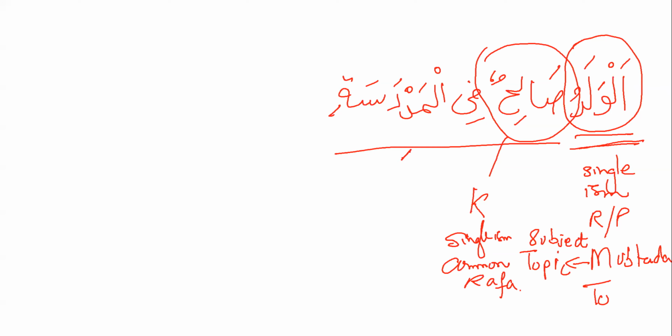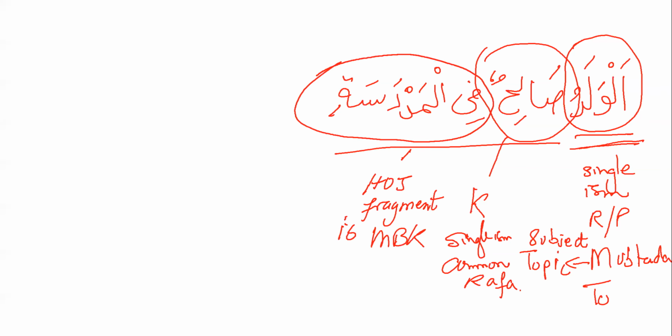We know that the third component is MBK, muta'alliq bil khabar. So these are the three components in this order. The normal order of Jumla Ismiya is Mubtada, then Khabar, then Muta'alliq bil Khabar.